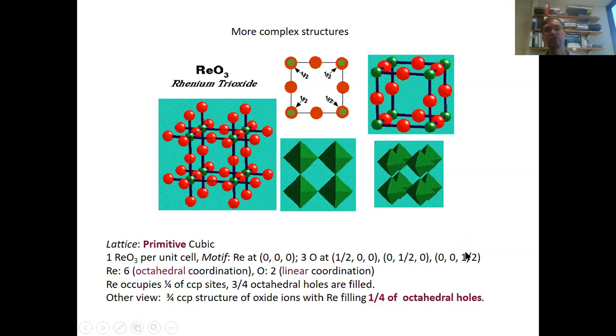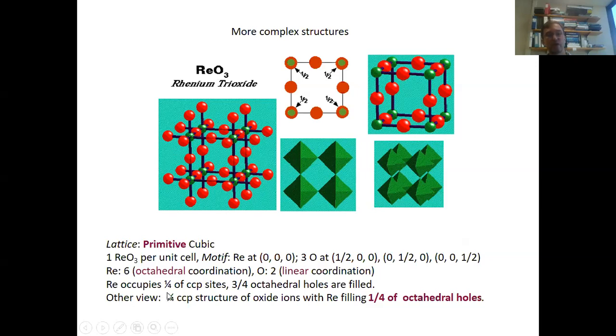All right, so you have learned that in the cubic close-packed structure, the sphere positions and the octahedral holes are commutative. Therefore we can describe the unit cell also in a different view.